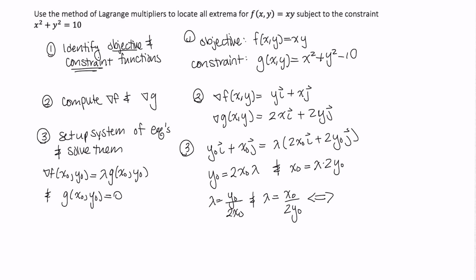So from this, I get that y naught over 2x naught is equal to x naught over 2y naught. And finally, that gives me 2y naught squared is equal to 2x naught squared. Okay, and I can simplify this further to x naught squared minus y naught squared is equal to 0.